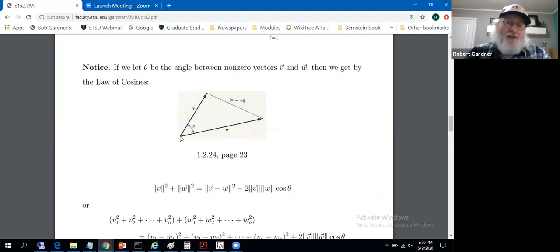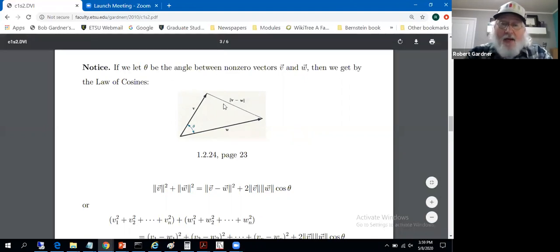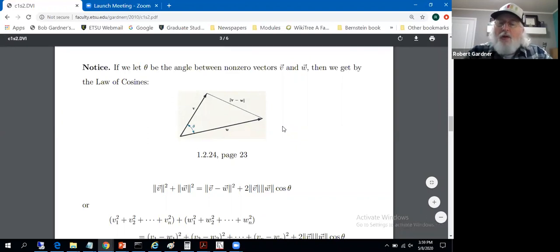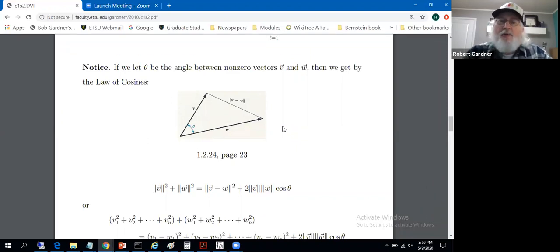We've got the point that's at the tail of both vectors, the point at the head of this vector, and the point at the head of this vector. So those 3 points in that triangle determine a plane. Okay, make it the plane of the computer screen here. So this is a general picture in that sense.